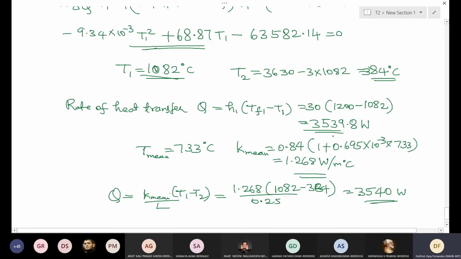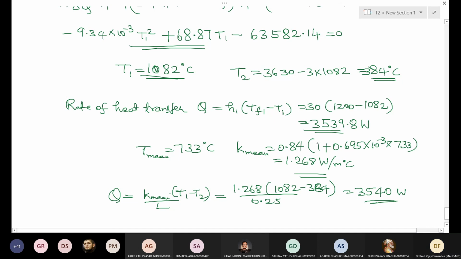So for this type of problem, you have to be very careful. Most of the time, when the wall temperature or interface temperature is not given, and you have two walls where the thermal conductivity is a function of temperature, then the problem will be a quadratic equation and you have to solve that equation.